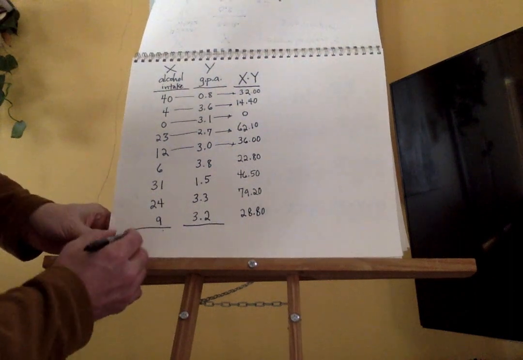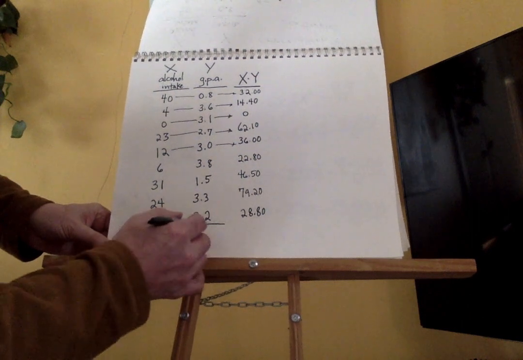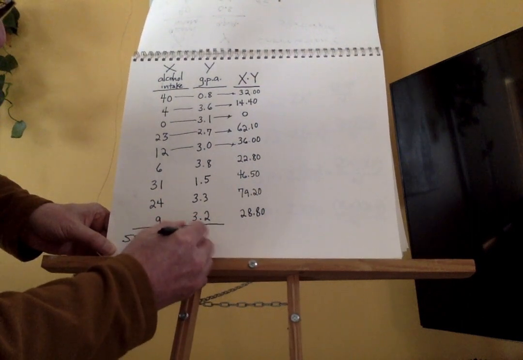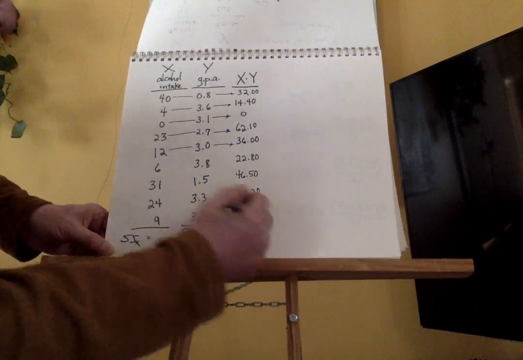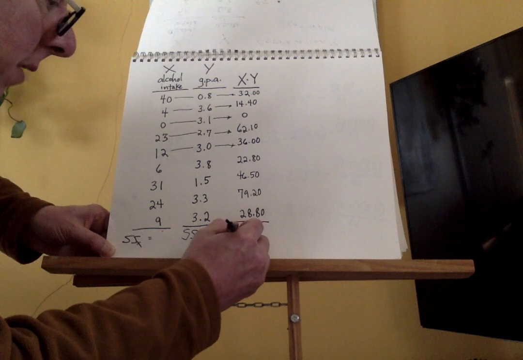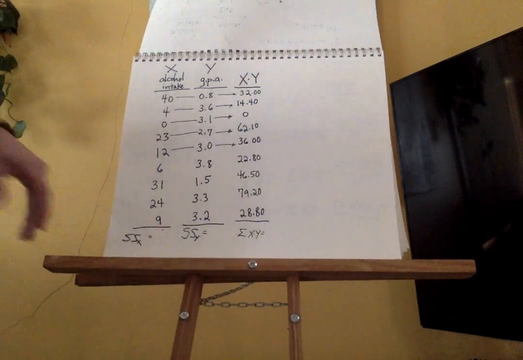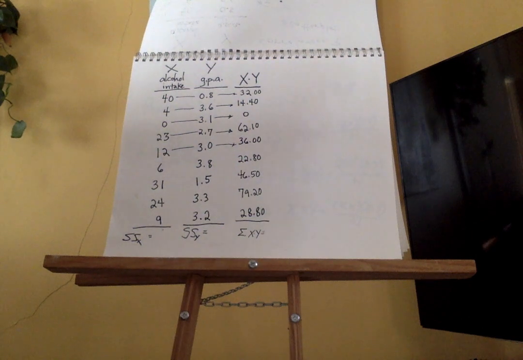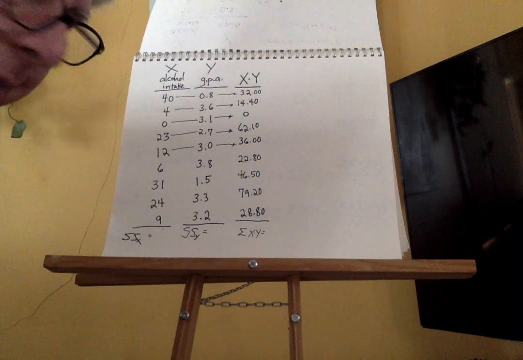So we're going to get the sum of squares for x, sum of squares for y. Okay, we're going to need to get this. This would be the sum of the x times y values, right? So let's do that. You can pause the tape here.